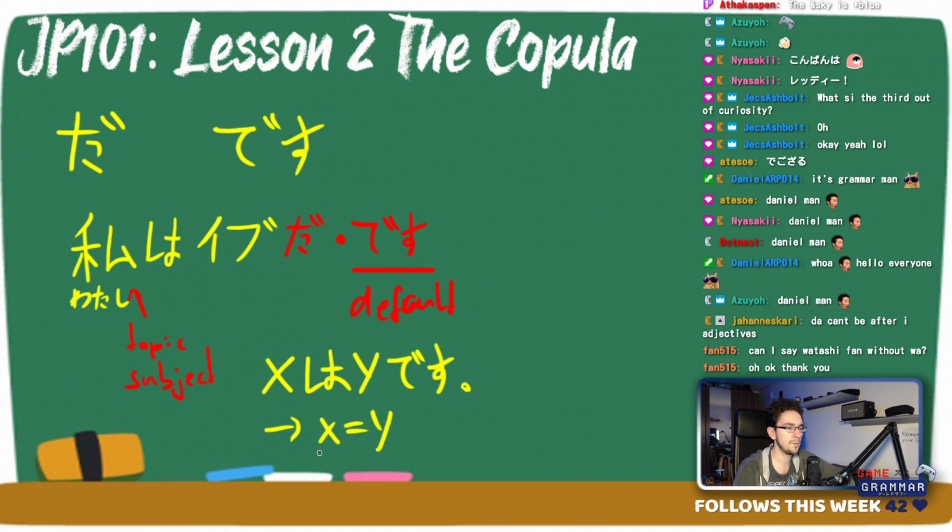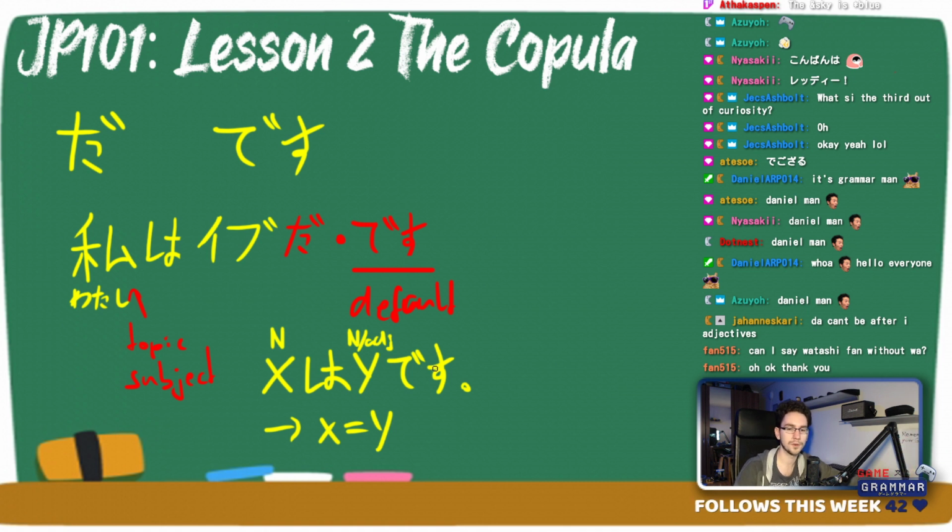Note that since we talked about this in the last episode, since this is the topic marker, x needs to be a noun or a pronoun. A noun or a noun replacement. A noun replacement would be a pronoun, right? So x needs to be a noun, and y is usually a noun or adjective. Not a verb. You will never see noun wa verb desu.